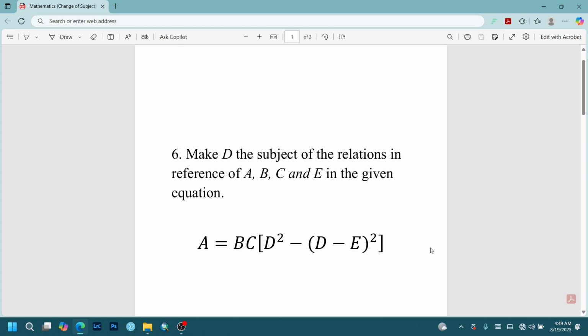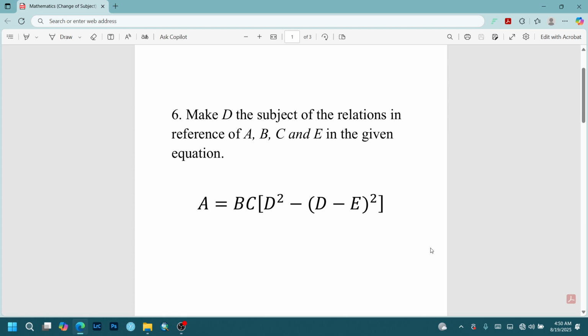Okay, so we have A equals BC, multiplied, in brackets, D square minus D minus E square. Let's quickly solve it.